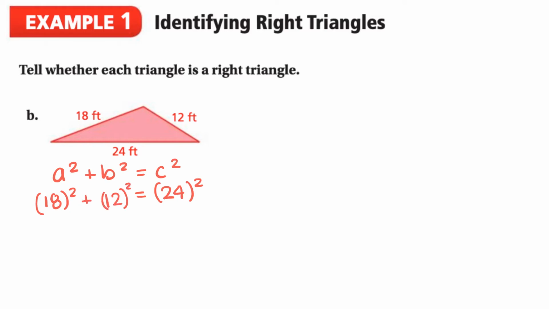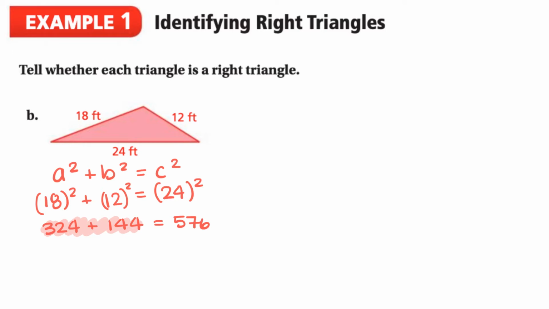So now what we can do is figure out what 18 squared is. 18 squared is 324, 12 squared is 144, and 24 squared is 576. So now we have to sum 324 plus 144 and figure out whether or not it is equal to 576.